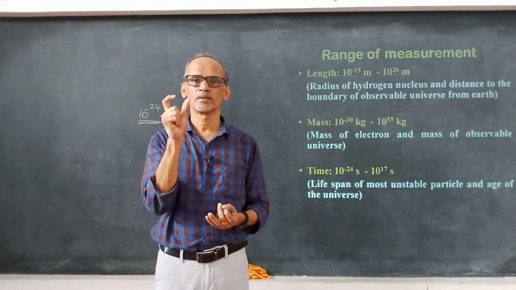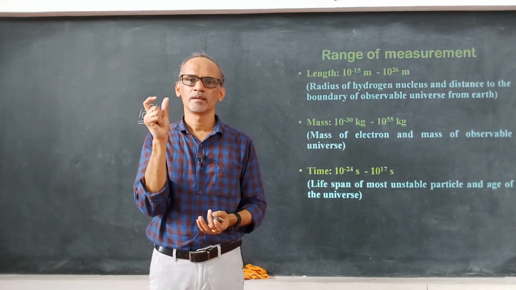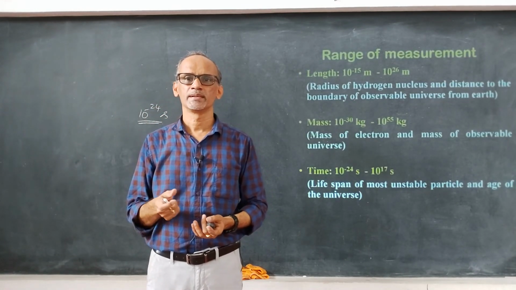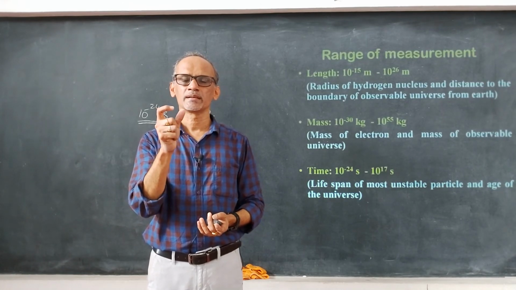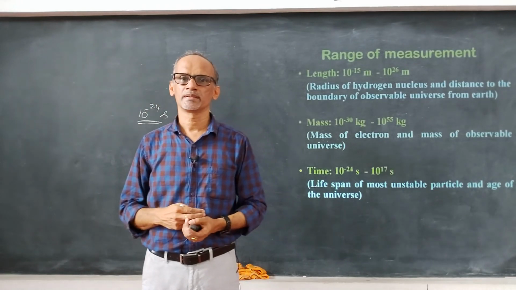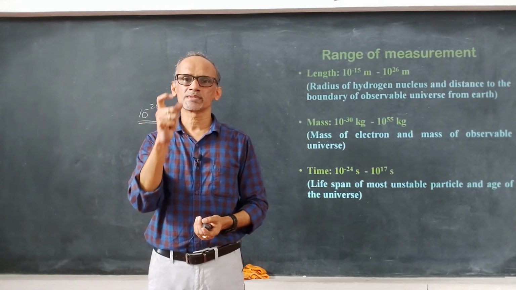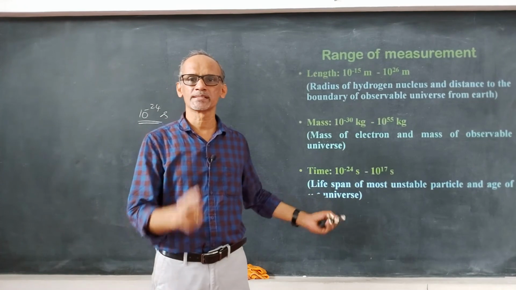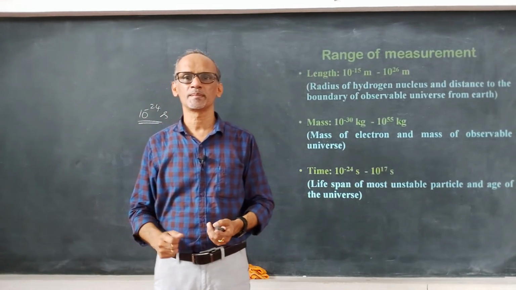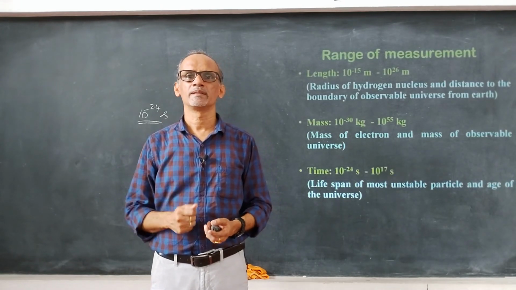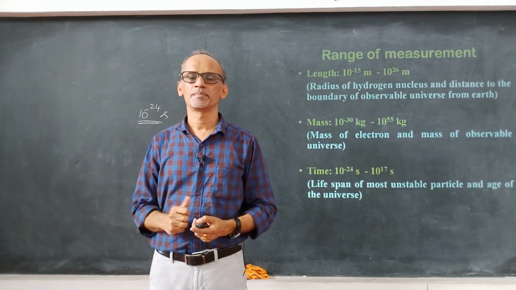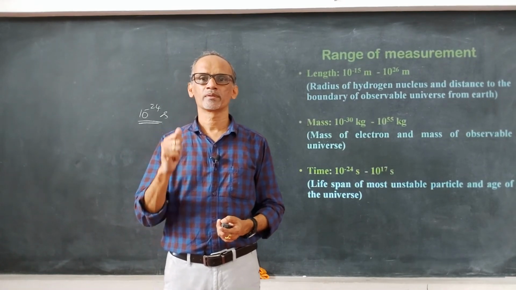So, neutron will not remain. This is called instability. The particle changes into some other particle. And there are particles whose lifespan is only 10 power minus 24 second. Within that time, they change into some other particle, and we have succeeded in measuring such a small time limit.